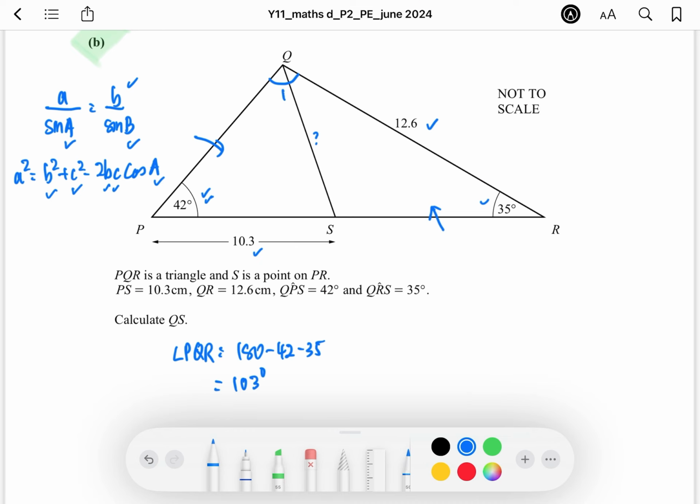So we have 103 here. Does that help? It helps in a way, because if you look at the bigger triangle, we have two corresponding values, 42 and 12.6. That means 103 and PR.